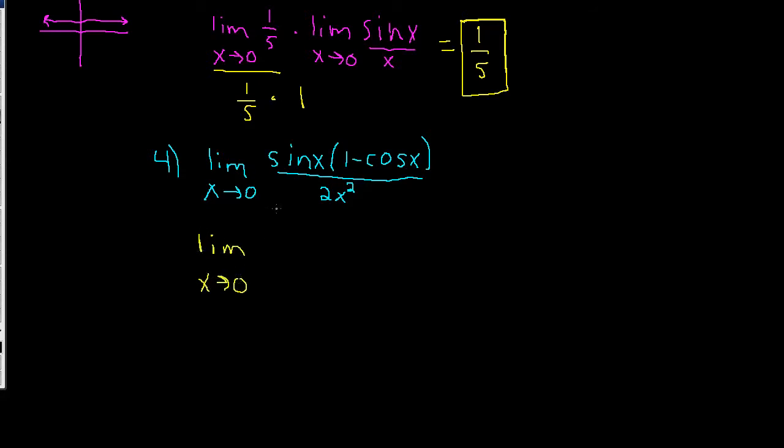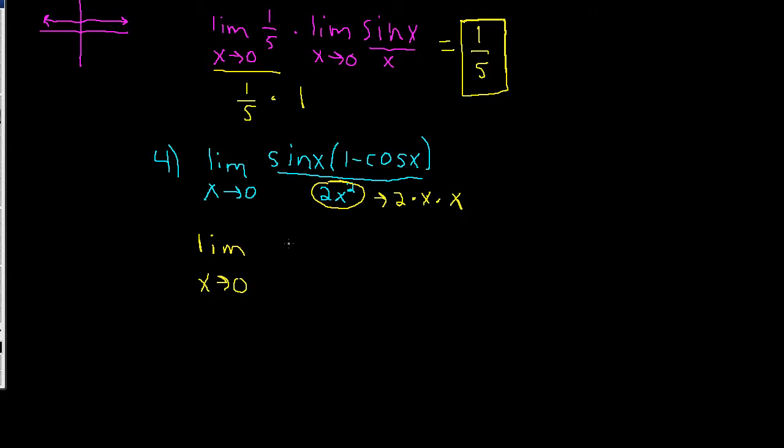I'm going to recognize that down here, I'm going to take that 2x squared and rewrite it as 2 times x times x. Think of 2x squared that way.